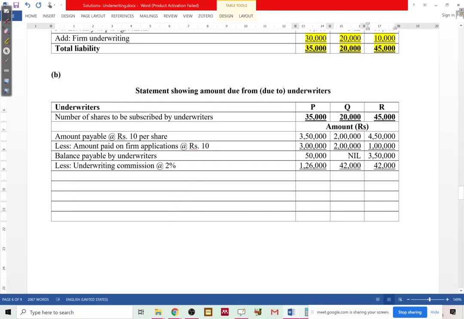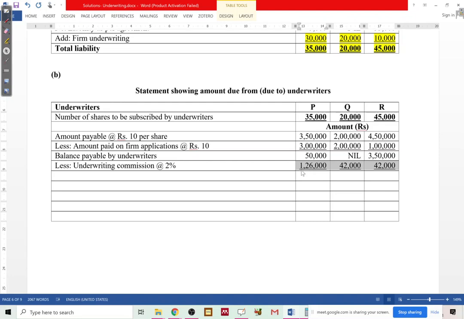So what are we doing here? We know that underwriters are supposed to pay this much to the company, but company is also supposed to pay to the underwriters, right? Commission is to be paid. So now both owe each other some money. It's like, okay, if I have taken 10,000 from you, but I am supposed to pay 15,000 to you, let's say, as a part of a loan. Now we need to sort of balance it off.